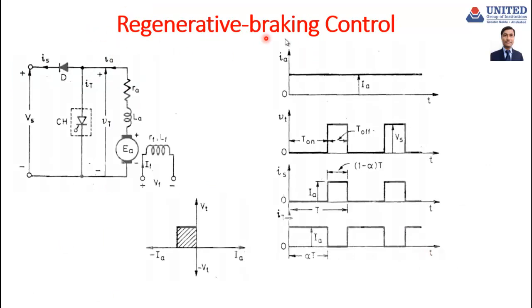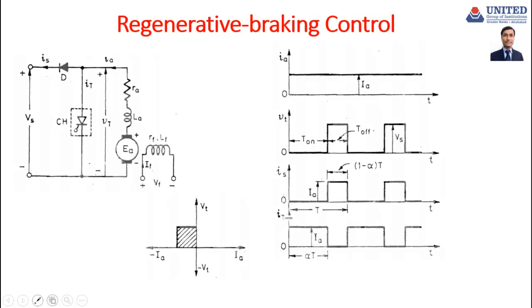Now let us see the regenerative braking control. In the regenerative braking control mode, the motor acts as a generator and the kinetic energy of the motor and connected load is returned to the supply. As we know, during the motoring operation, armature current is positive and the motor consumes power.